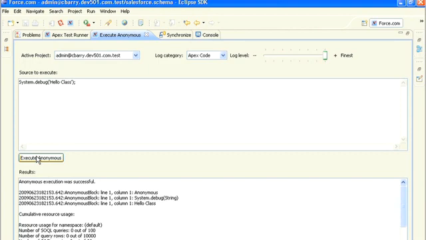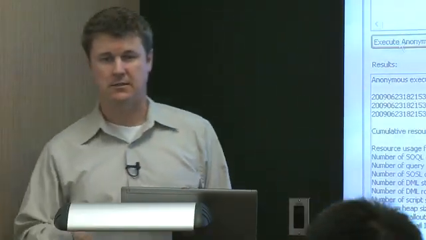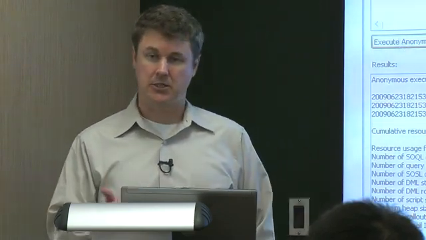Here we see that the third line, where it says hello class, is the line of code that was outputted as part of this debug. So Execute Anonymous executes the code. Key thing to keep in mind is that if you update the database, you are updating the database. Unlike our unit tests, which we'll talk about and which don't commit data to the database, our anonymous blocks do. Okay?